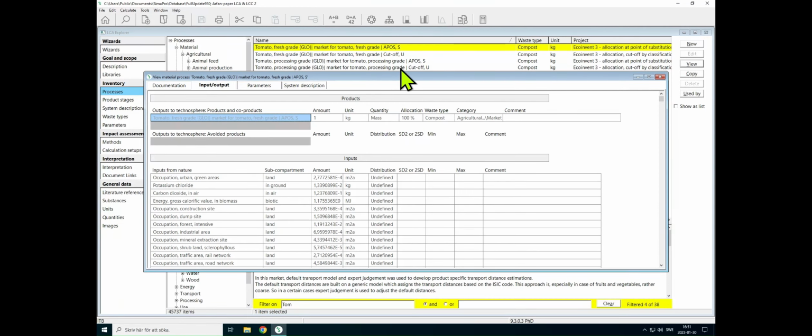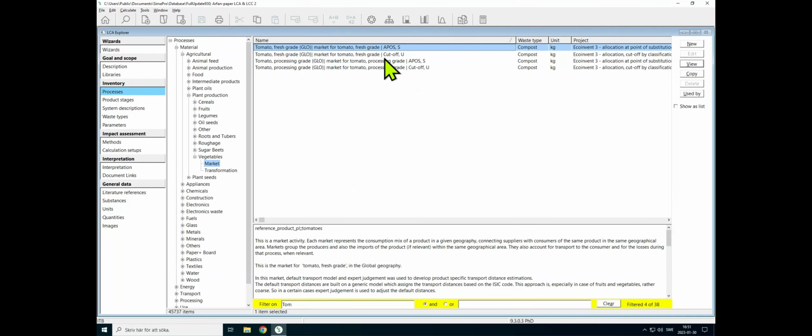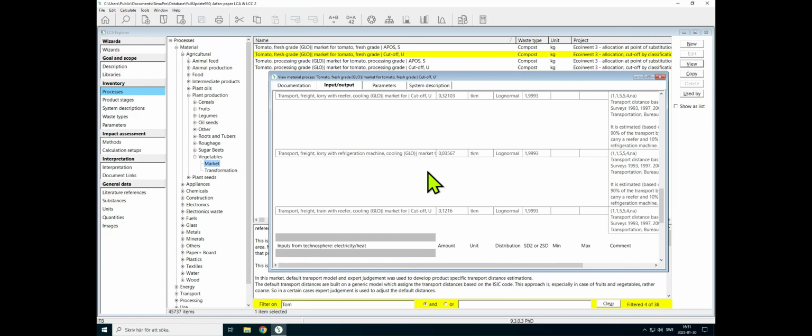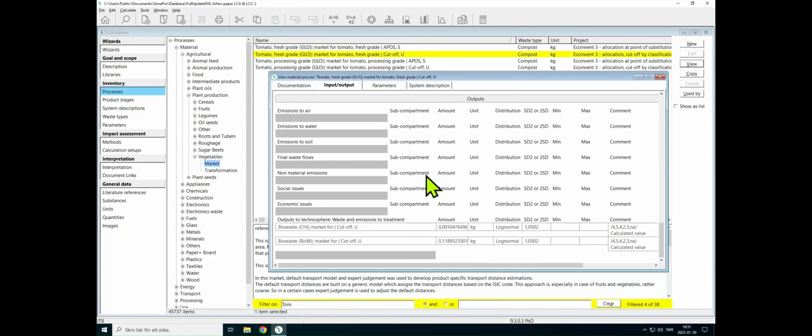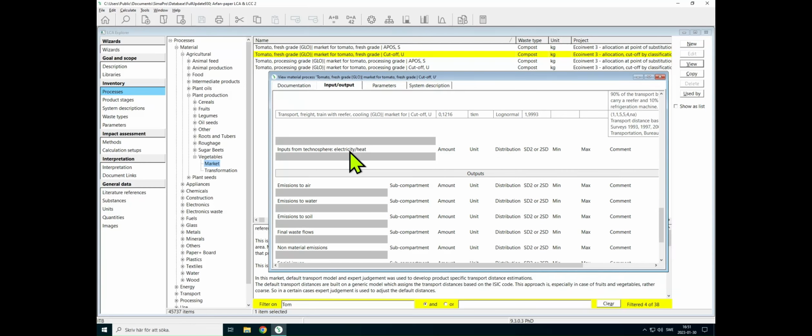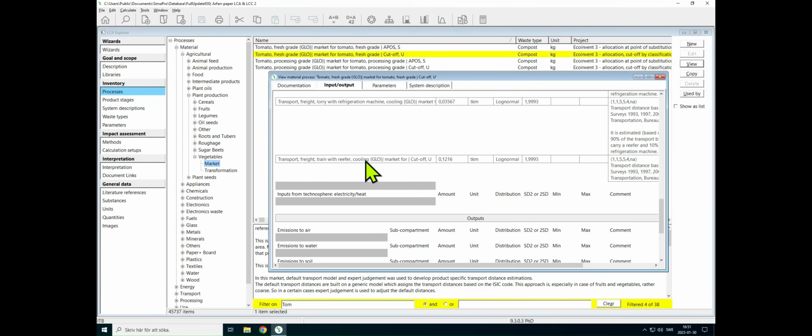In this case, if you look at the inputs from the technosphere in terms of electricity and heat, which we talked about, there are no inputs. Why? It's because this data set represents parts of the transformation processes, which have already included the electricity and heat.